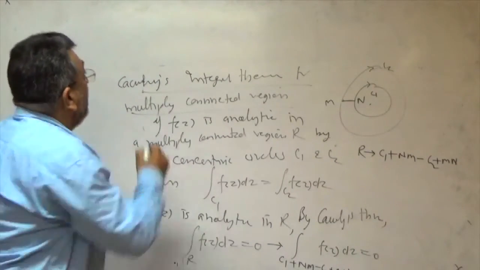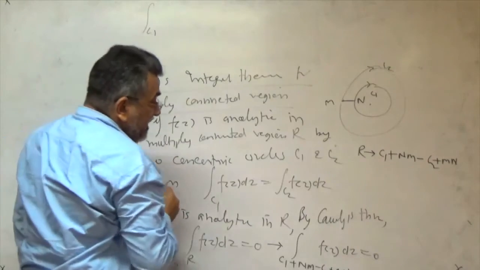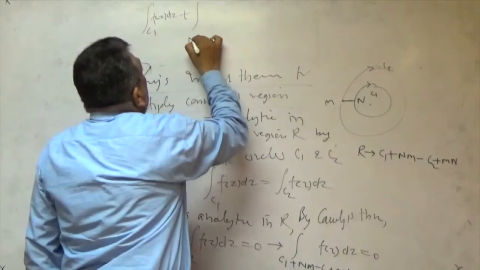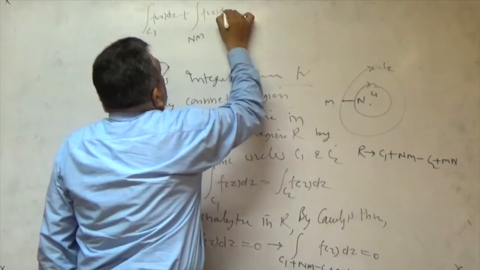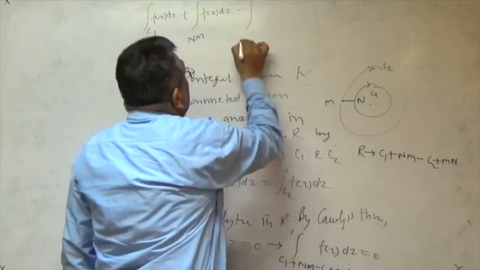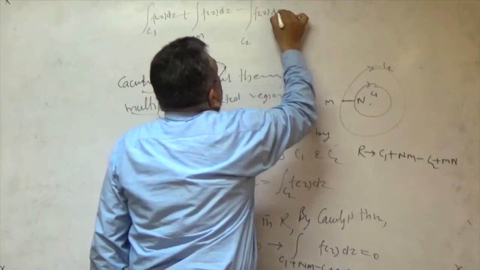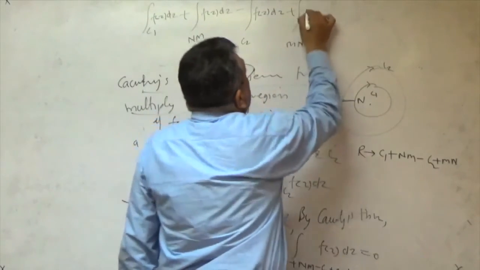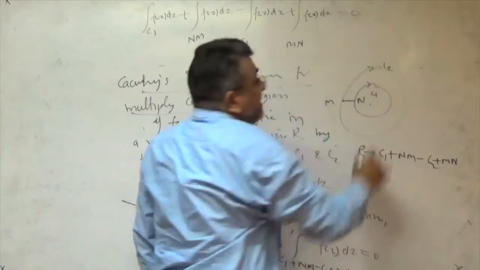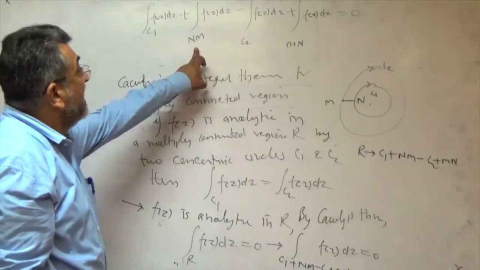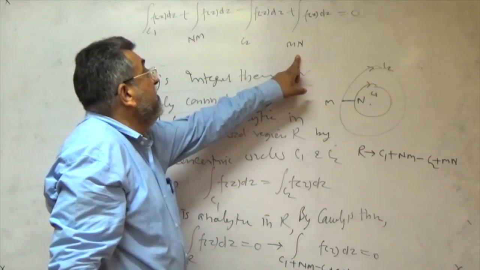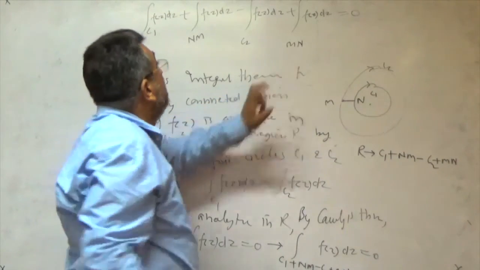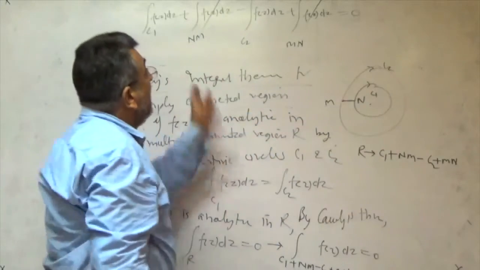If you open this by the property of the integral, we get four integrals: the integral of f(z) dz along C1, plus the integral along NM of f(z) dz, minus the integral along C2 of f(z) dz, plus the integral along arc MN of f(z) dz, and the right hand side is 0. You see that integral number two and integral number four are the same integral but with opposite sign. So their values are equal but signs opposite, and these two cancel out.